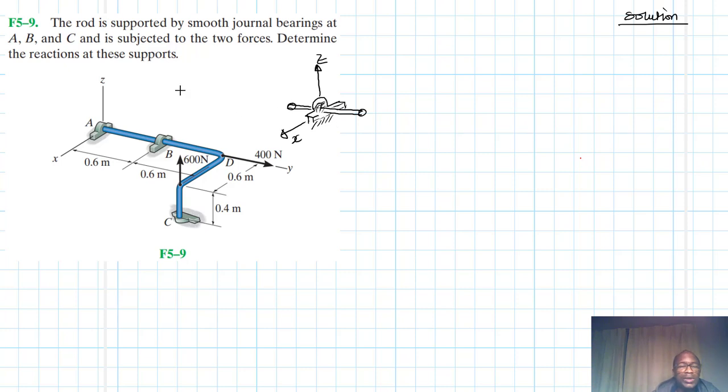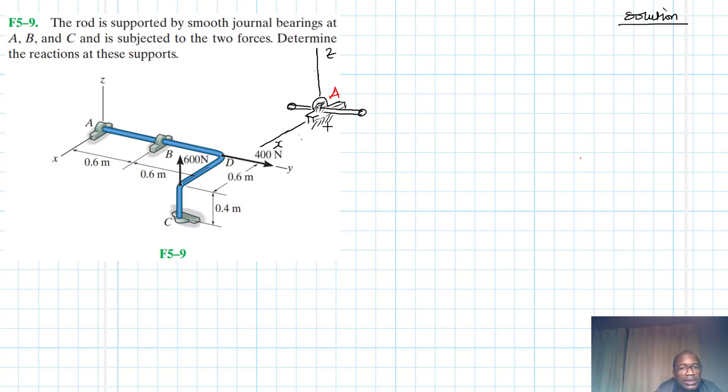Ideally, if you only have a single support like this, and this point, let's say it is A, you are going to have a reaction force here. I'll say this is my Z axis positive and this is my X axis positive.